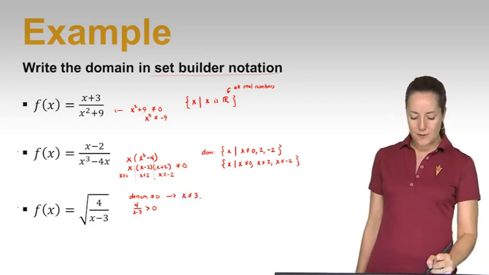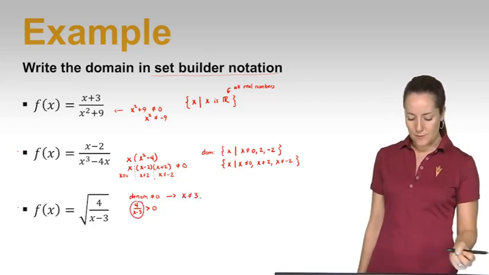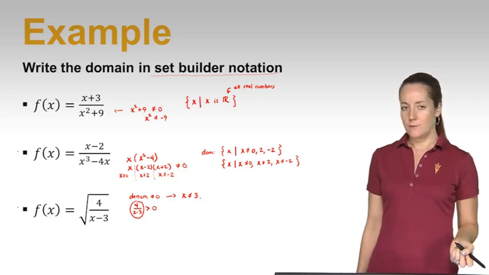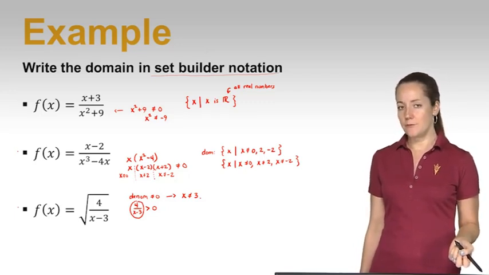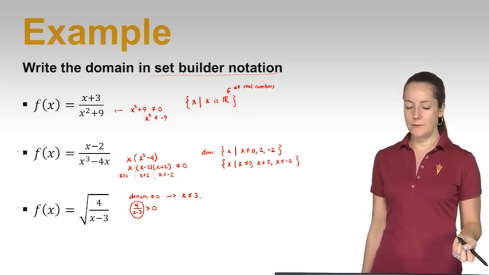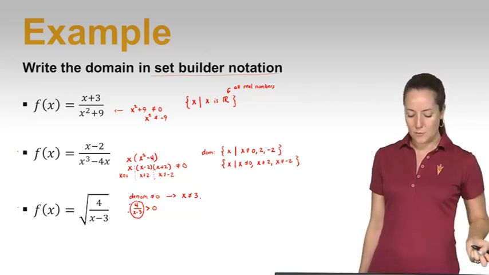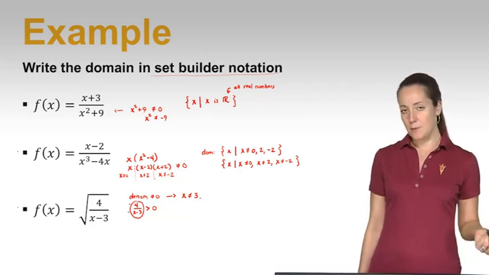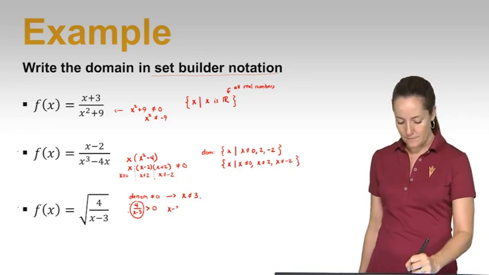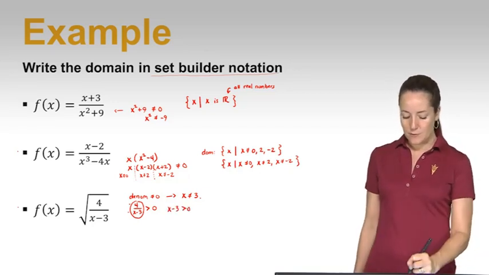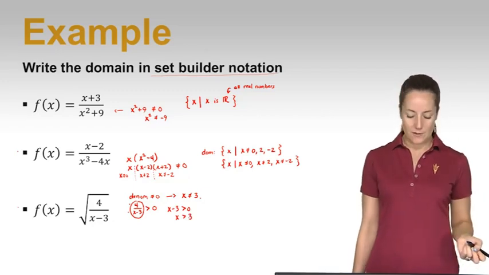Now in order for the fraction 4 over x minus 3 to be positive, for a fraction to be positive, you either have to have a positive over a positive or a negative over a negative. I know that the top here is positive, so what I'd need is for x minus 3 to be positive as well. So that would mean x has to be greater than 3 if I solve that inequality there.